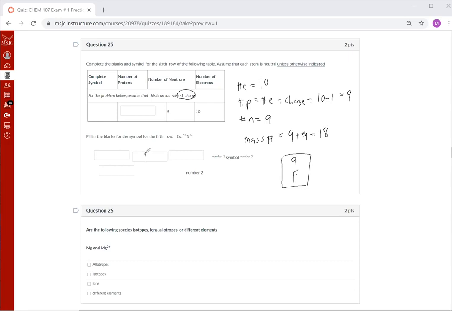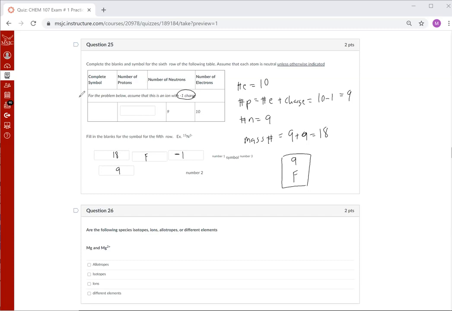So this would be fluorine, 18 over 9 minus or -1, however you prefer to write it. Does that make sense to everyone? Any questions I can address on this example before we move on to the next example?